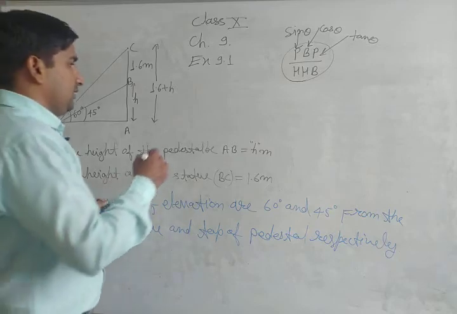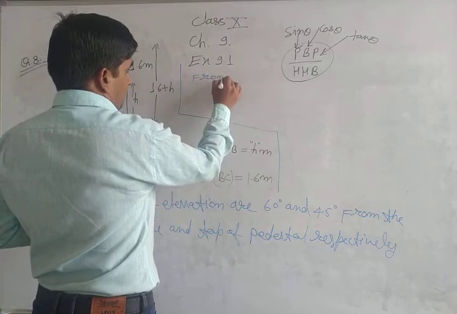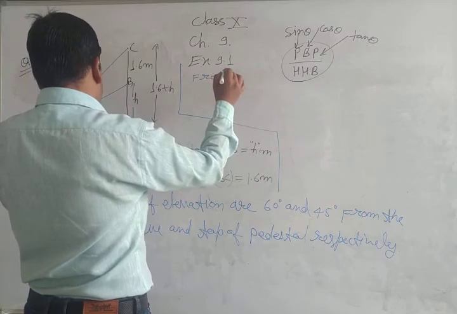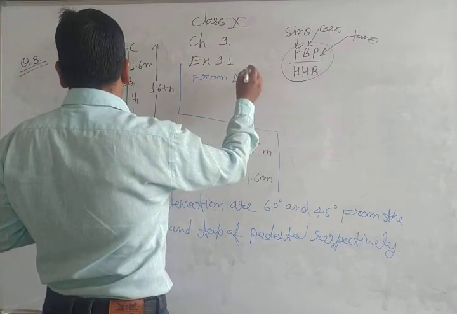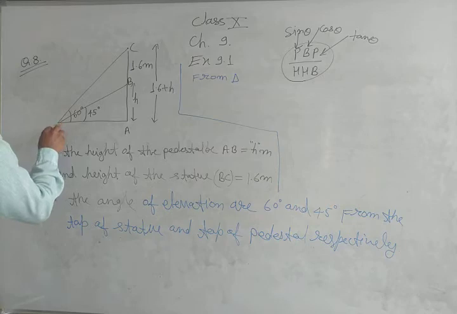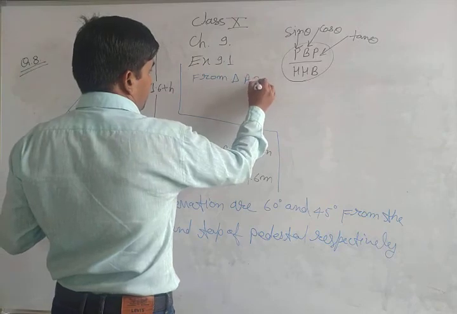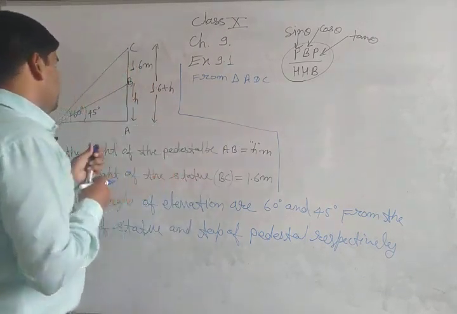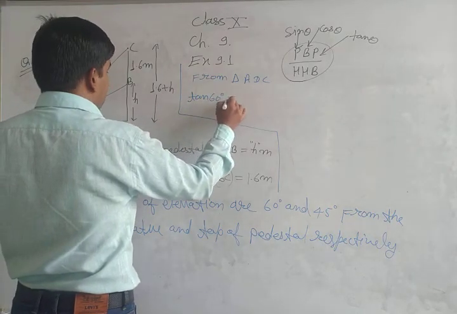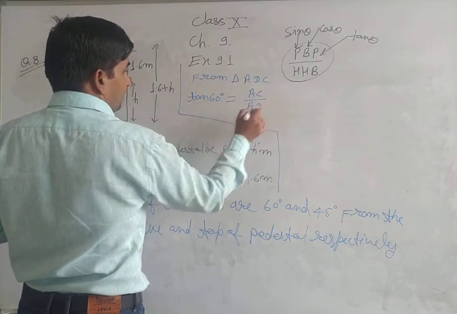Now we solve from triangle ADC. From triangle ADC, tan 60 degree equals AC upon AD. Clear?